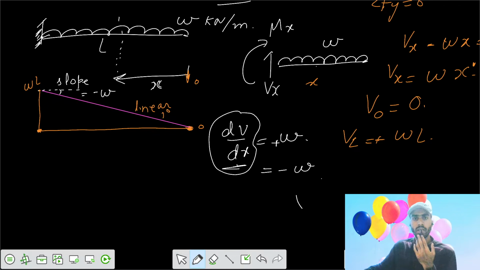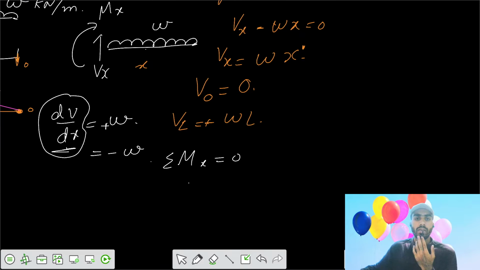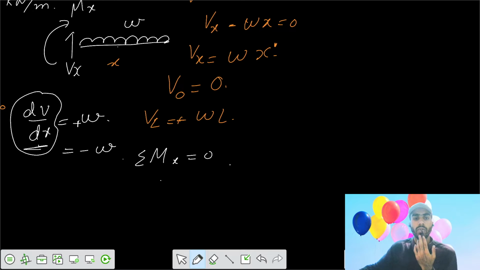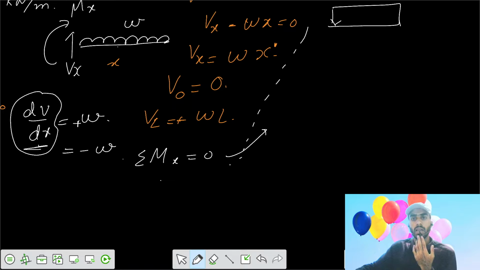Now next is the summation of moments at x equals 0. So say this is your UDL of length x.